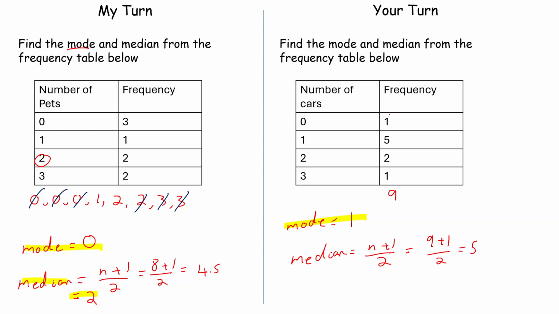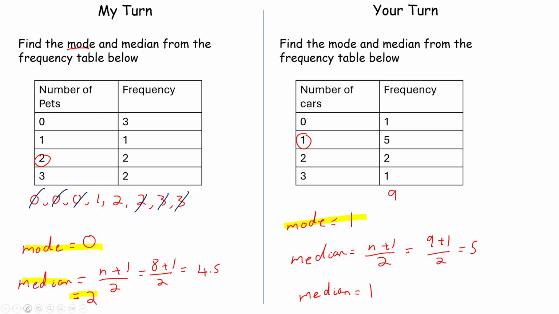Now the 5th value is not going to occur in that one, that's only the first 1 value, but it's going to be in the first 1 and 5 is 6, it must occur in this band, so your median is going to be equal to 1. So the median is equal to 1, and that is your answer for this one.